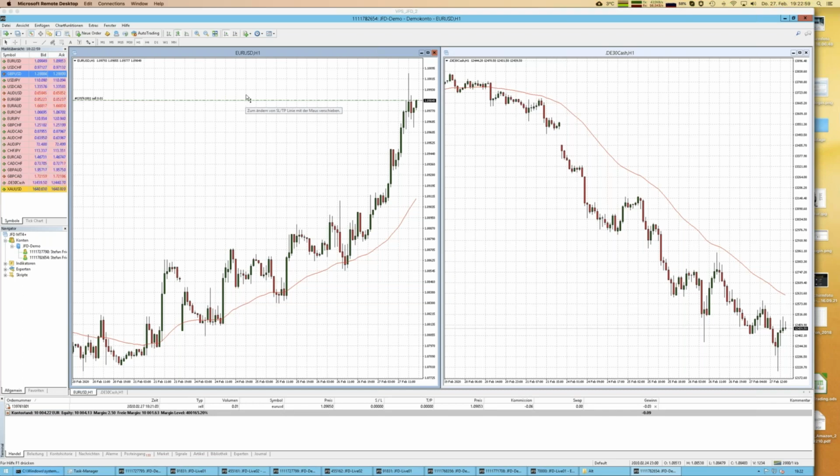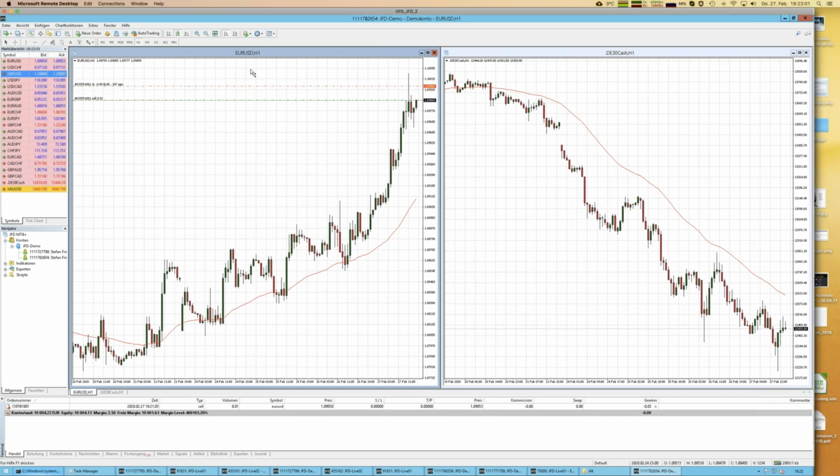It's quite easy to do. Just place a line here by drag and drop, above the latest high, and I place a take profit level. Let's go here, and that's all.